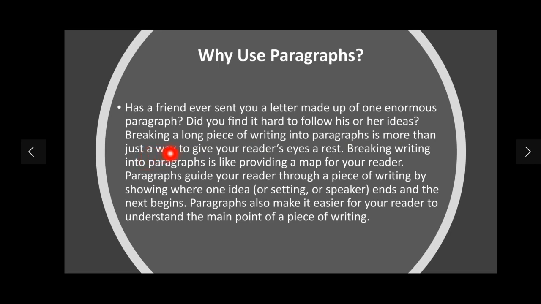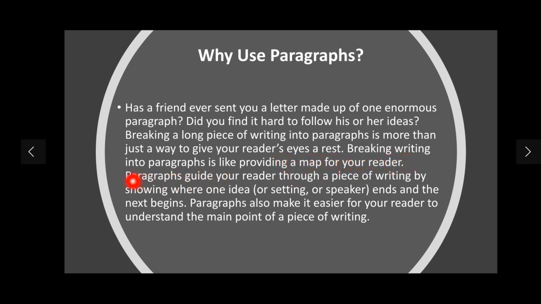So breaking a long piece of writing into paragraphs is more than just a way to give your readers' eyes a rest. So if you have different paragraphs, the first thing is that your reader will understand it, and you will give their eyes a rest also.